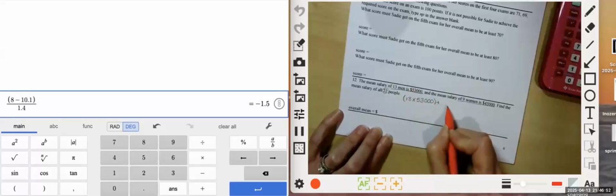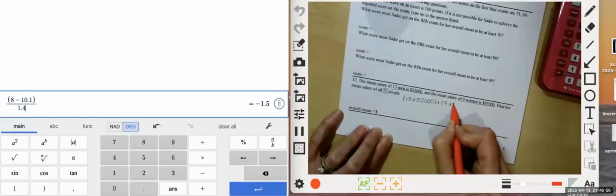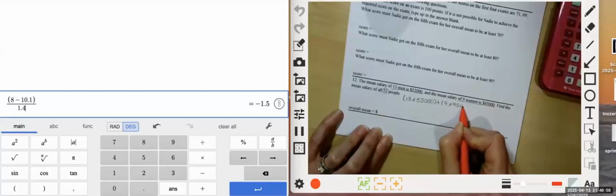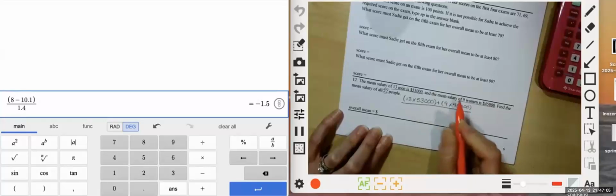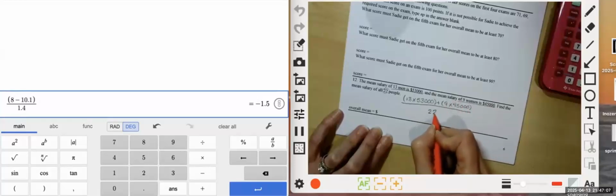I'm going to add that to the total of 9 women times 45,000 each, and divide that by 22. Does that make sense how I set it up? Yes.